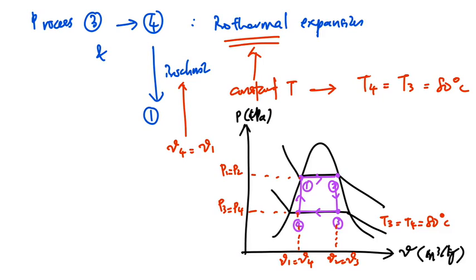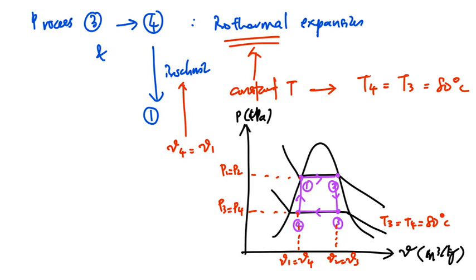Okay, next process 3 to 4 and 4 to 1. Process 3 to 4 is isothermal, we know that it is constant temperature, which is T4 equals T3, 80 degrees C. Process 4 to 1, which cycles back to state 1, is isochoric, so we know V4 equals V1.